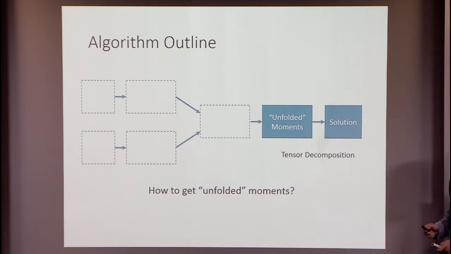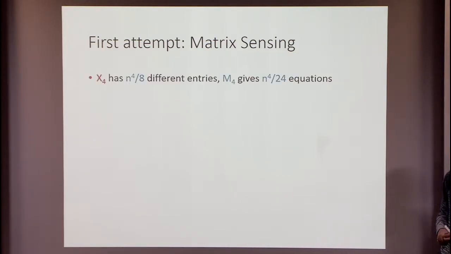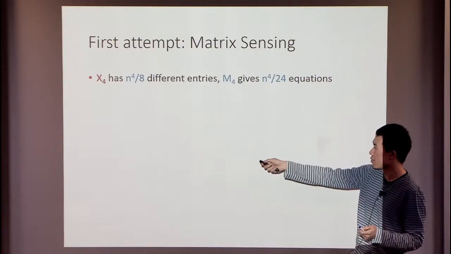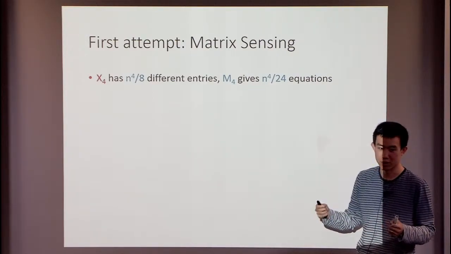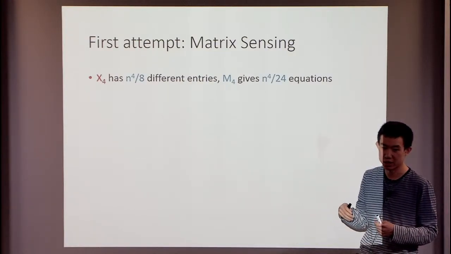There's a very natural idea for how to get unfolded moments. Also, it doesn't work, but it illustrates our ideas, so I'm going to explain it here. This unfolded moment X4, if you compute it, has roughly n to the 4 over 8 different entries.